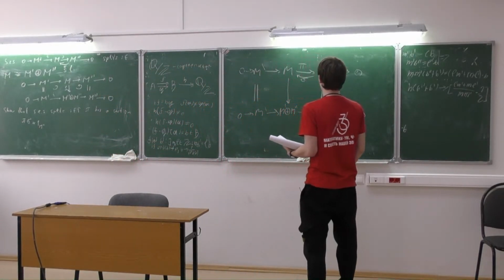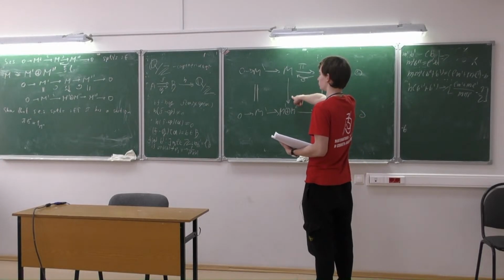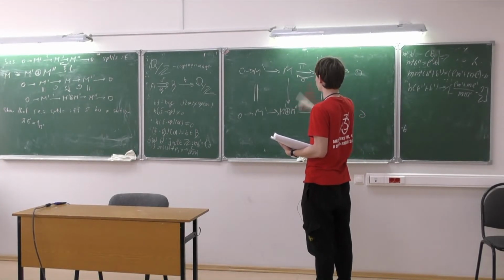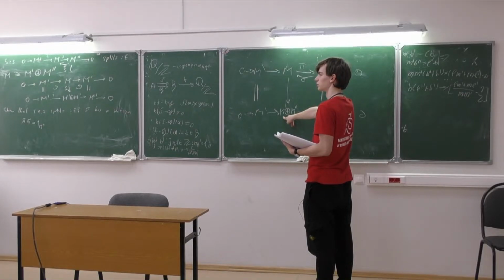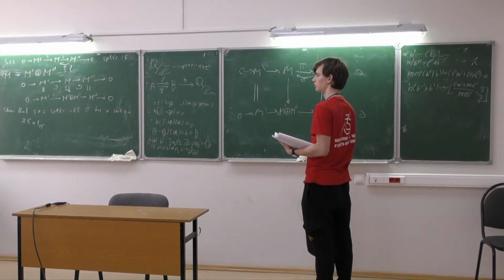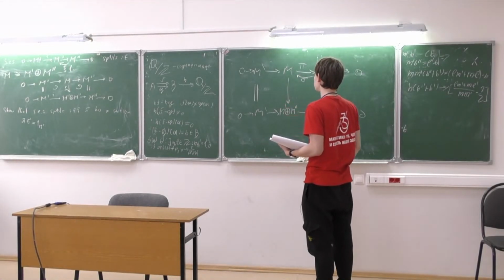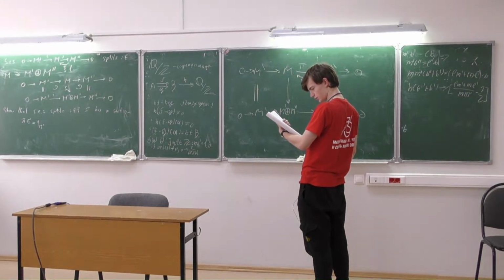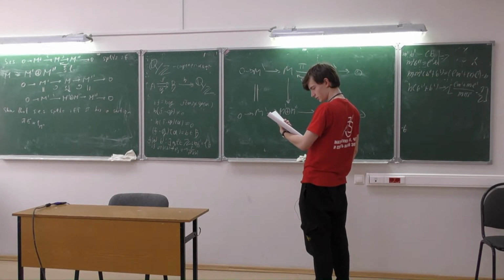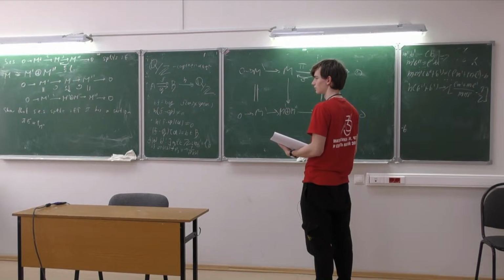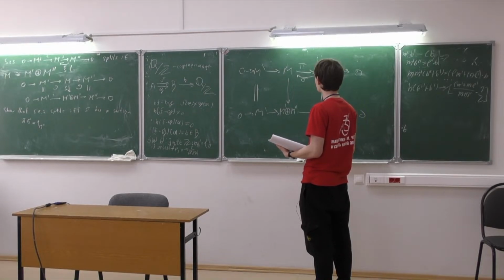There is a map here, one and only one by the universal property of this thing. Why? No, because we have maps from... To get a map like this, you need to have a map from M to M double prime, which you have, right?